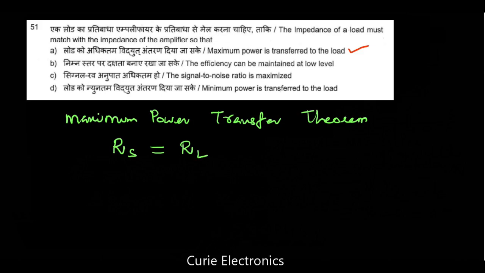To calculate the power transferred, we apply the equivalent Thevenin circuit: P equals VTH squared upon 4 times RTH, where VTH is the Thevenin voltage and RTH is the Thevenin resistance. So maximum power is transferred when source resistance equals load resistance.